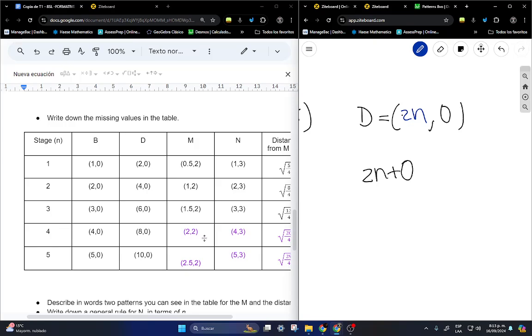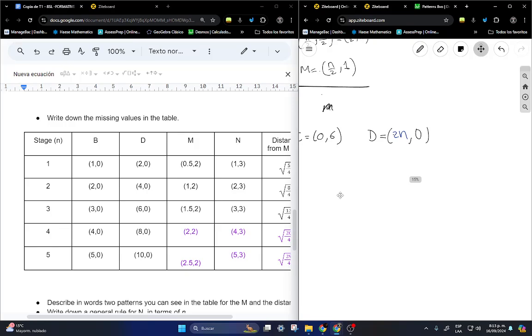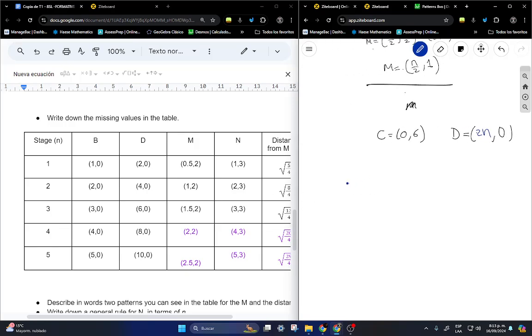So that's D. And with that, we can find the general rule for n. Okay? By labeling x1, y1, x2, y2, and applying the formula of the midpoint.